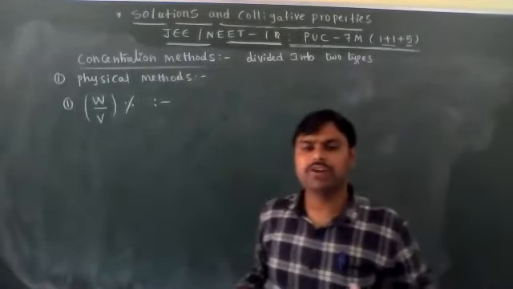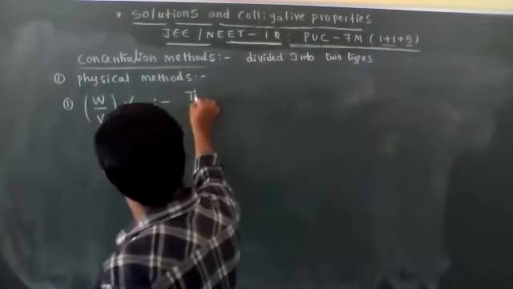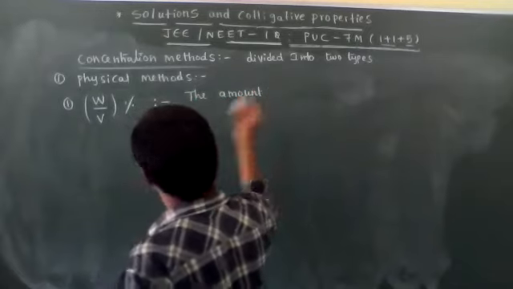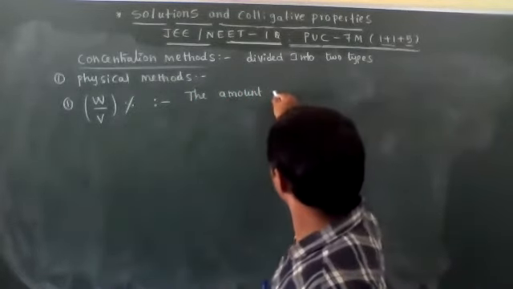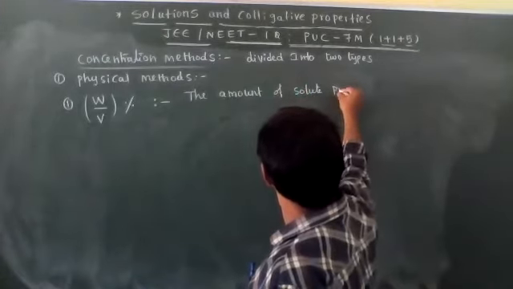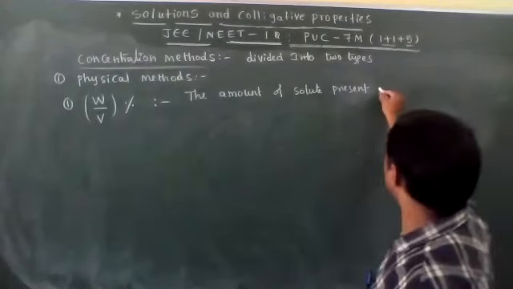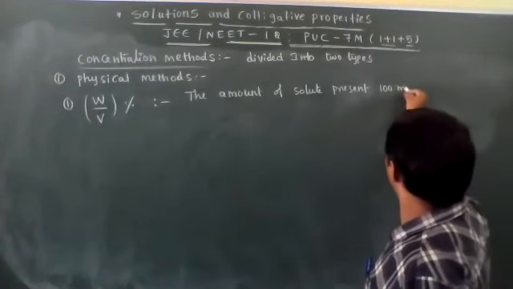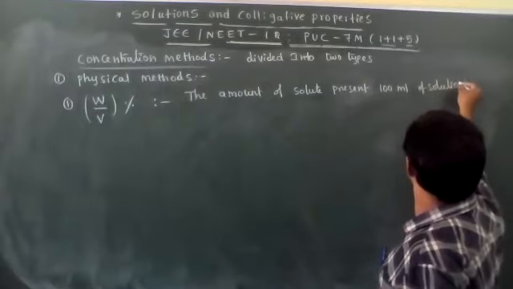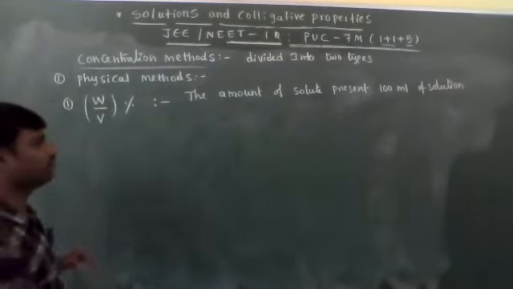Weight by volume percentage is nothing but the amount of solute present in 100 ml of solution. It is known as weight by volume percentage.